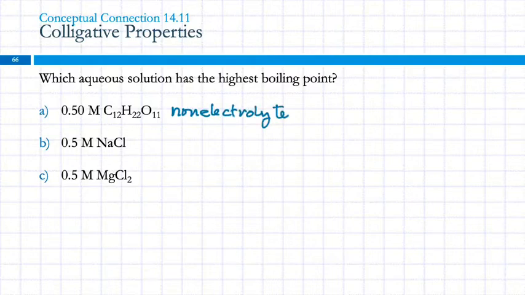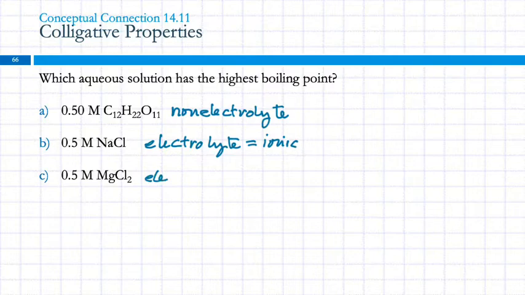That's going to be a non-electrolyte. What about sodium chloride? Is that an ionic compound? Yeah. So this is an electrolyte. How about MgCl2? Is that ionic? Yeah. Magnesium's a metal, chlorine's not.